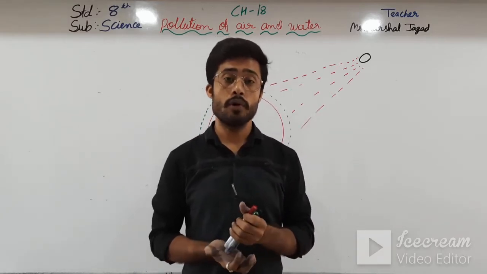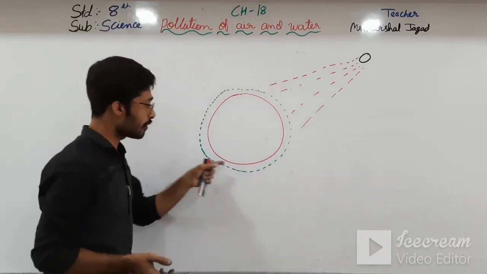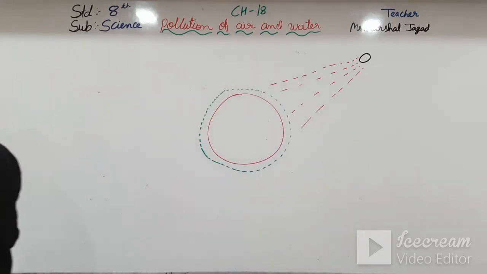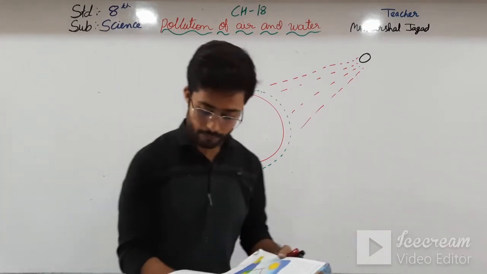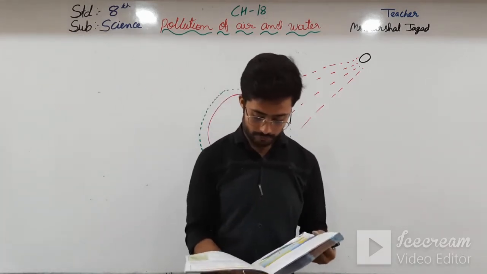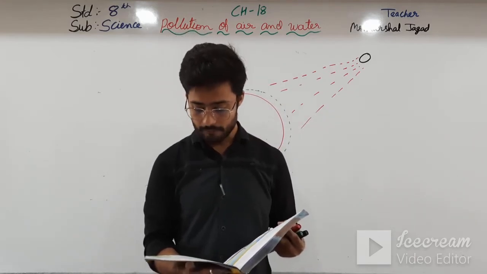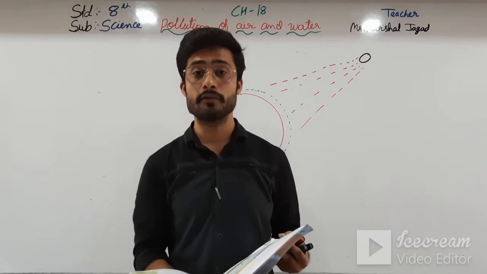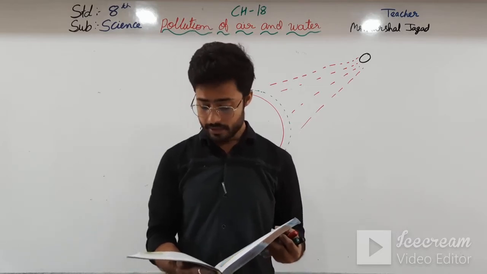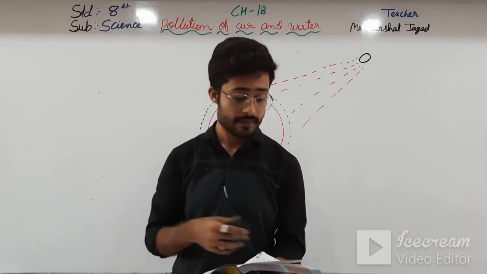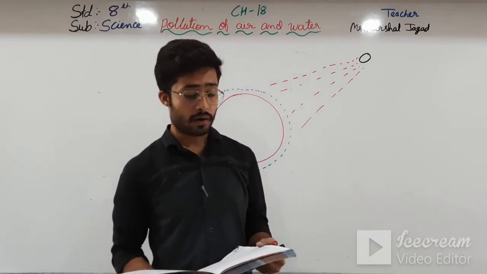But due to air pollution, this ozone layer is also going. Let us see the points of that. A layer of ozone gas is present in the upper atmosphere which forms a shield around the earth. It absorbs the harmful ultraviolet radiation from the sun, which can cause cataract, skin cancer and genetic damage.